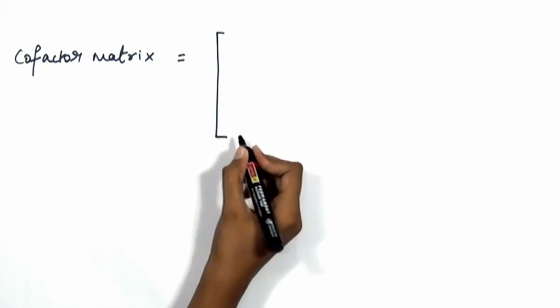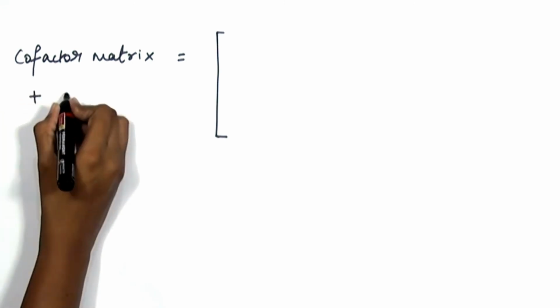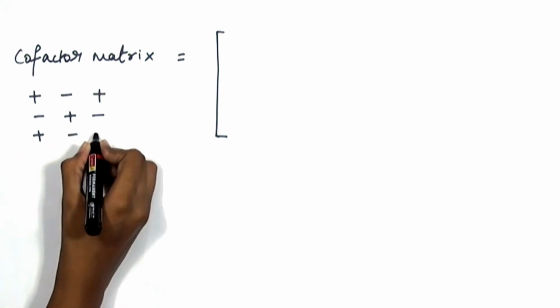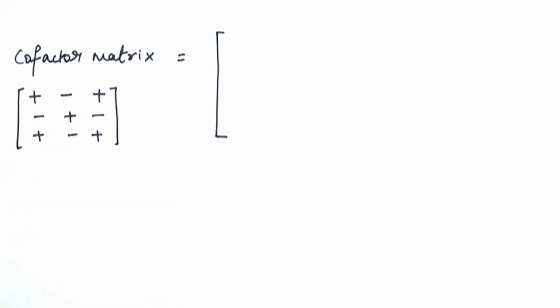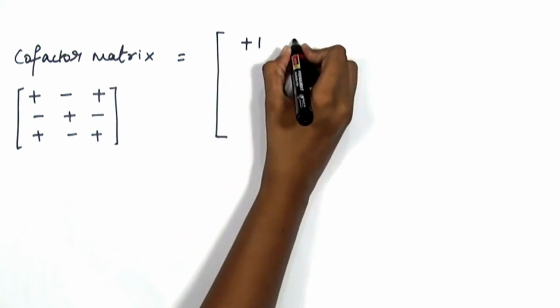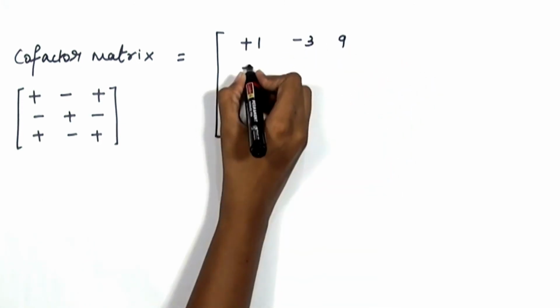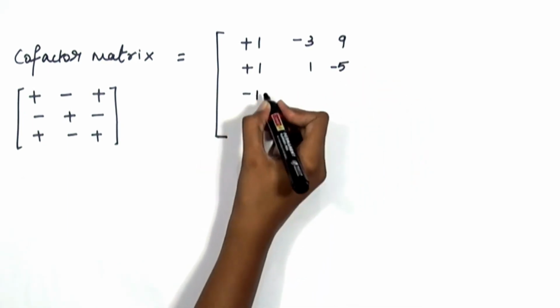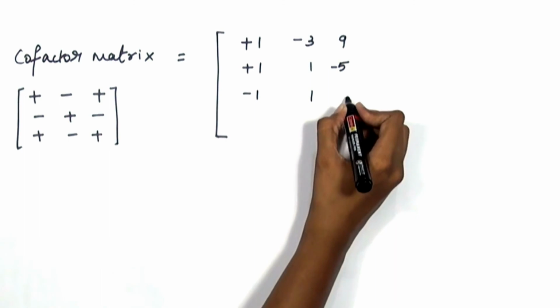So the next step is finding the cofactor matrix. We know the procedure, so I'm directly writing the answers. After applying the sign convention, which is plus, minus, plus, minus, plus, minus, plus, minus, plus, and multiplying the diagonals and subtracting the other diagonal, we get 1, minus 3, 9, 1, 1, minus 5, minus 1, 1, minus 1.